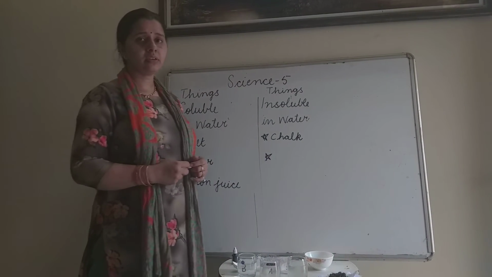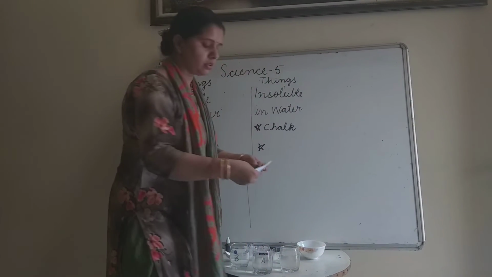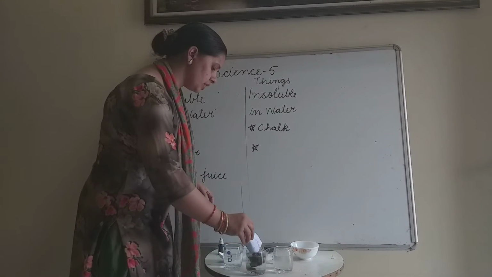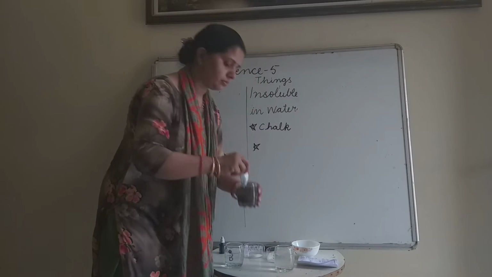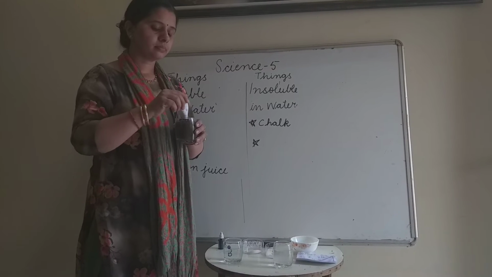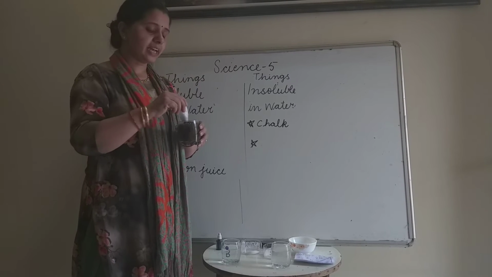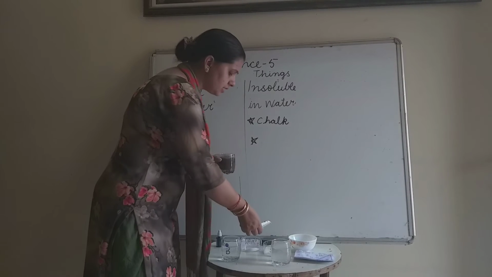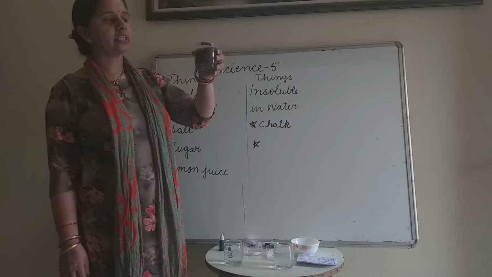Now I am having soil. This is soil. I will dissolve this in water. So you can see this, it will dissolve or not. After some time I am stirring this and I will leave it undisturbed, but soil will not dissolve.